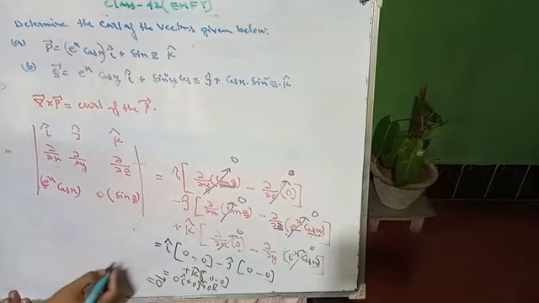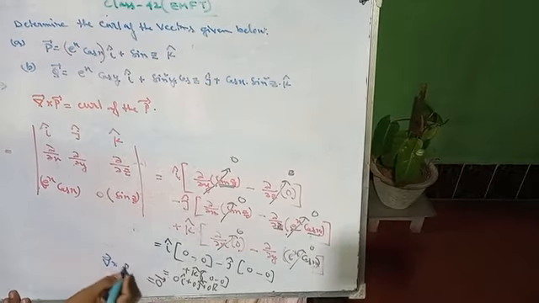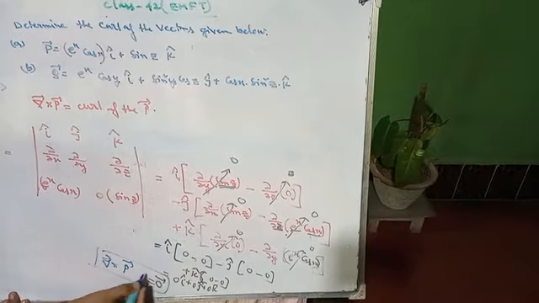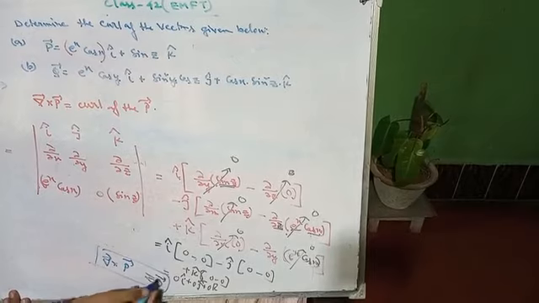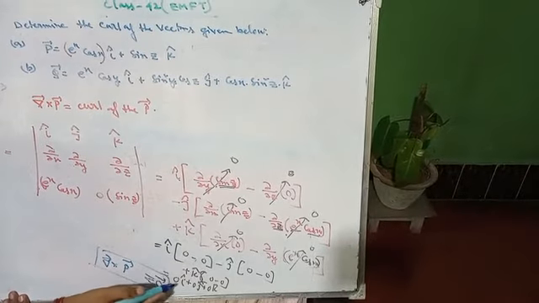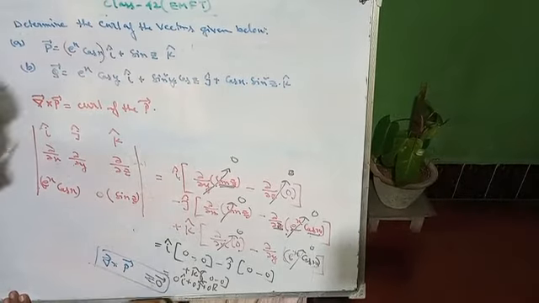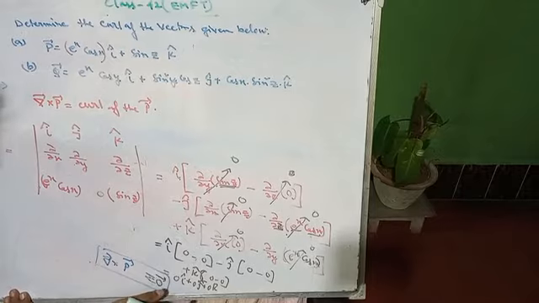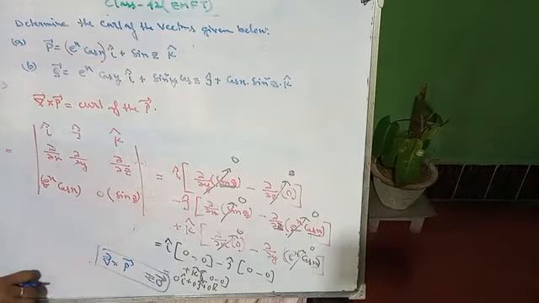So curl of P will be equal to 0 vector, because curl produces a vector quantity which has magnitude 0 in all directions. It is a null vector.